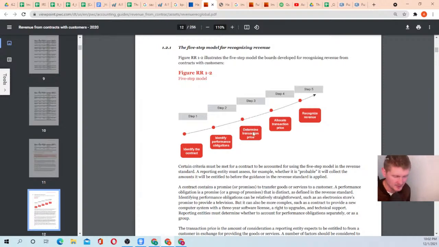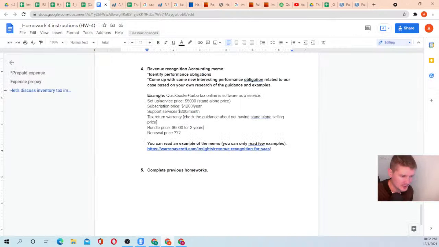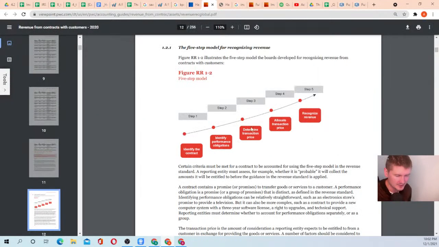Then you determine the transaction price, which in our case looks like this. It might be worded differently. It might be broken down by different pieces you have in the contract. It might be just a total. So that's an example of the transaction price.